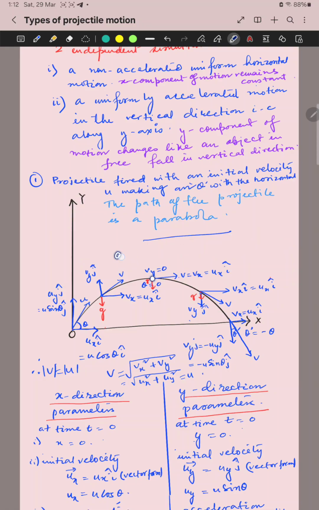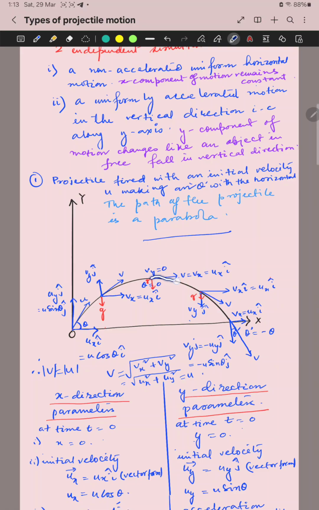At maximum height, what happens? Vy will be 0. The body will have only velocity along the x direction. So here only v equals vx, no vy.